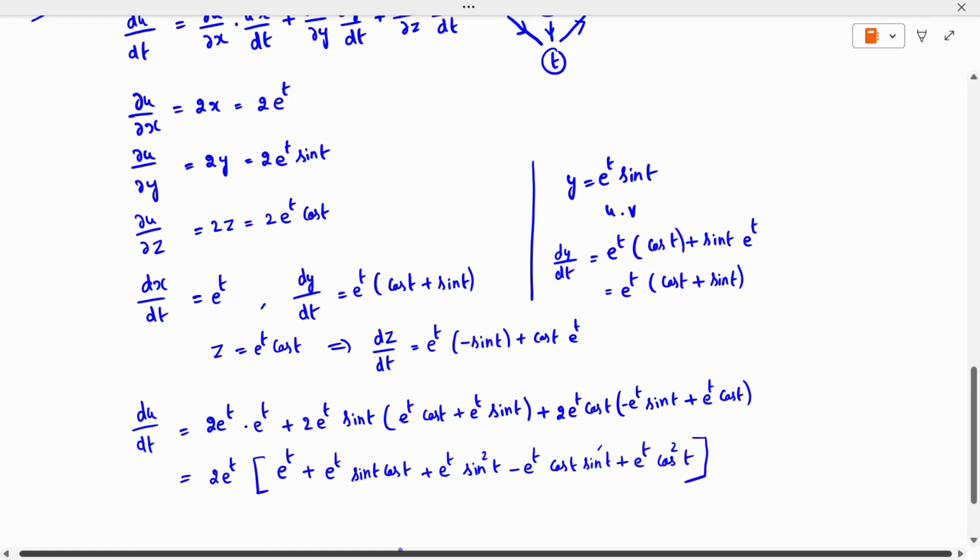Check it: these two are the same, so they cancel. Only this you have, combine it.